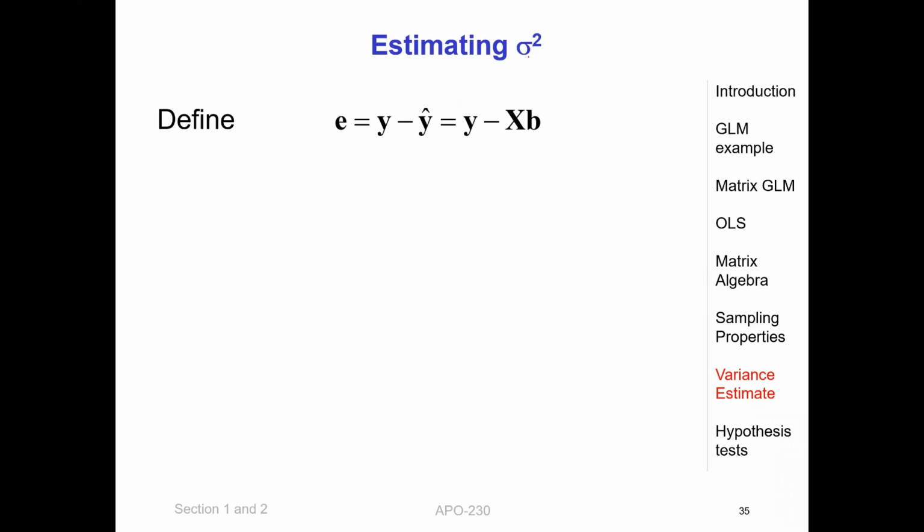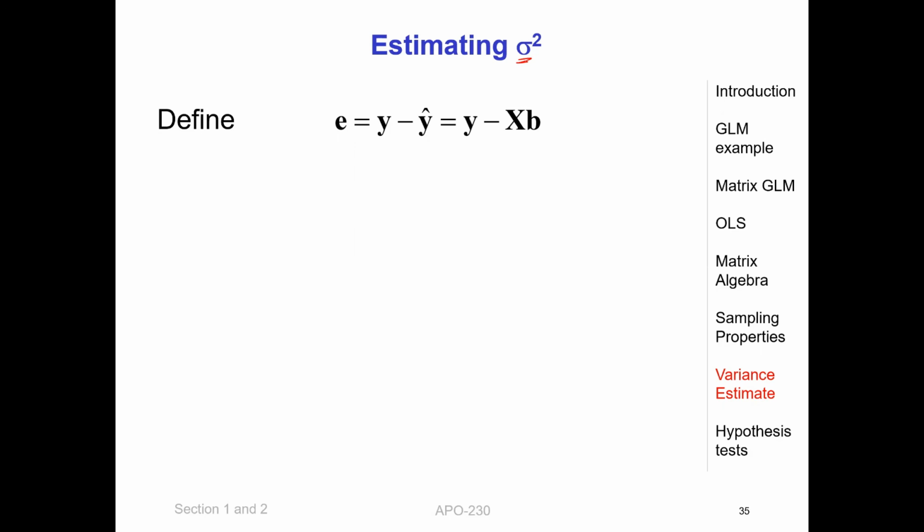Estimating sigma square. I mentioned that sigma square is a theoretical parameter. It's a true parameter of the underlying distribution, just like beta, but we don't know what it is. So we need an estimate for it, just like b is an estimate for beta.